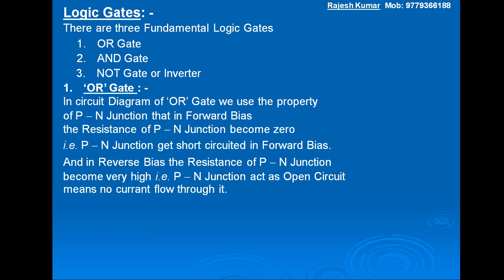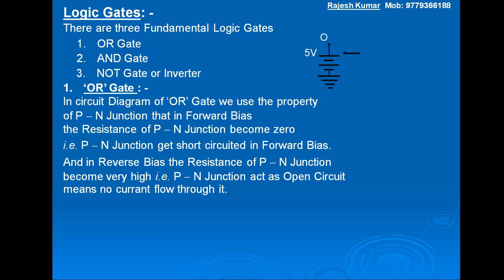Now to draw the circuit diagram of OR gate, suppose this is a battery of 5 volt, the positive terminal of which is connected to point O to give input 1 to the OR gate, and the negative terminal is connected to earth.